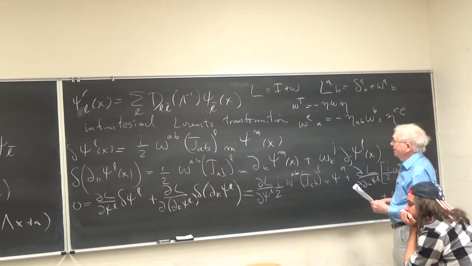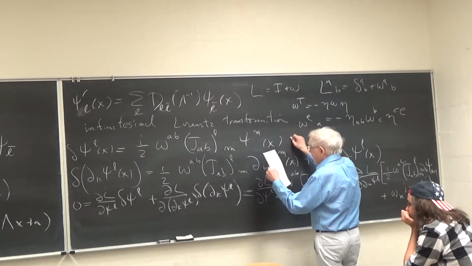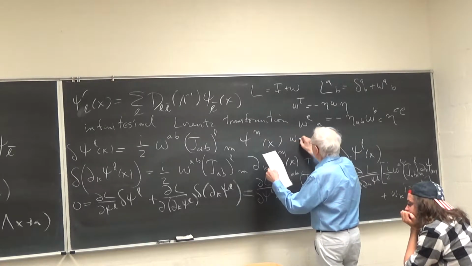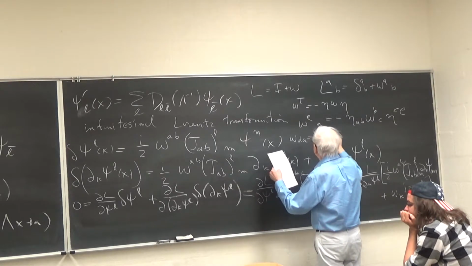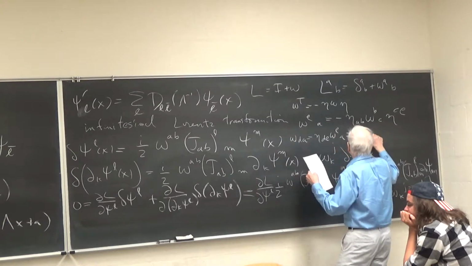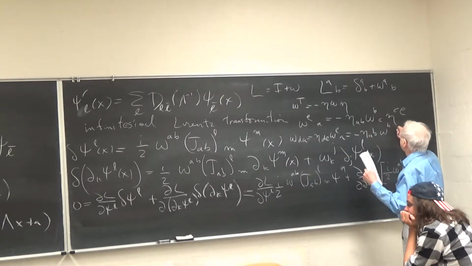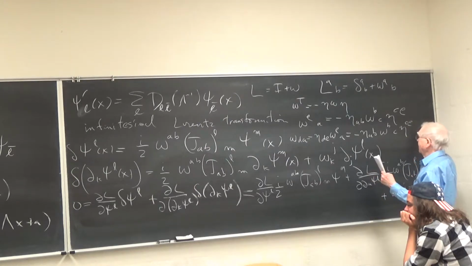And then if I multiply both sides by eta DE, I get omega DA equal to eta DE omega EA equal to minus eta AB omega BC eta CE eta DE.